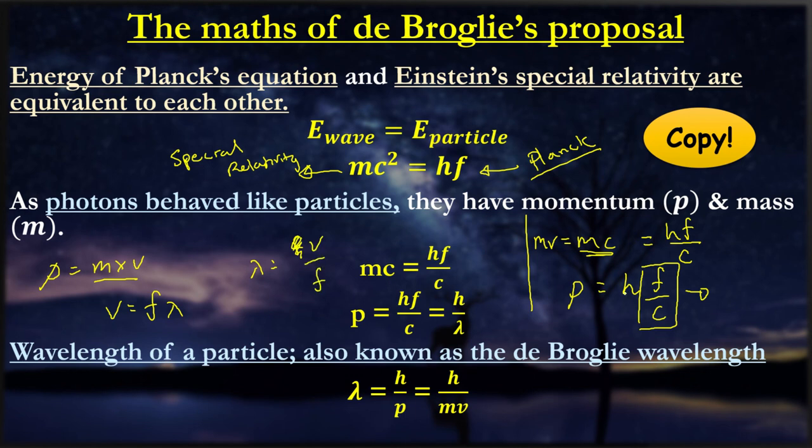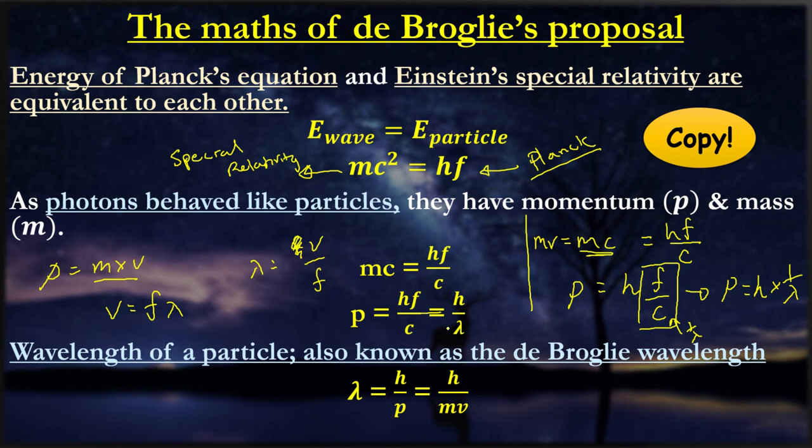So we have the inverse, and this bit here is 1 over wavelength that we're finding. The momentum of a particle is given by Planck's constant times the inverse of the wavelength of the particle, which gives us this value here.